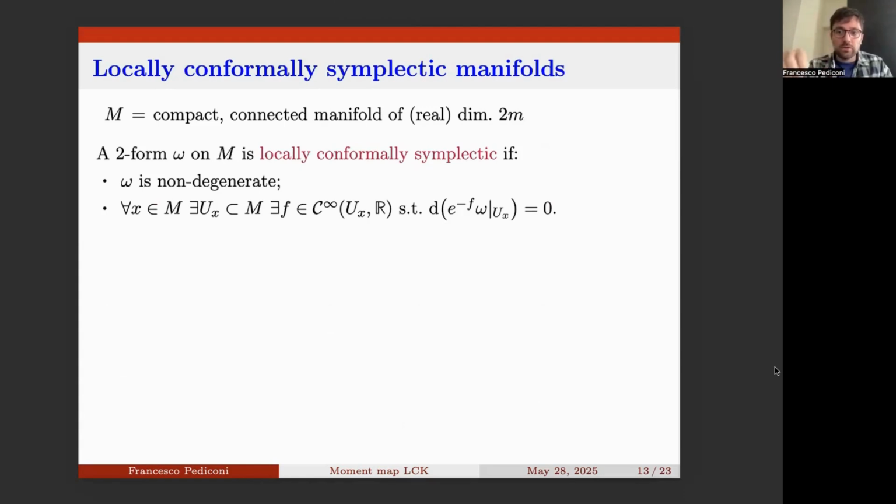Since we don't want our space of metrics to be Kähler, this form is not going to be symplectic, but locally conformally symplectic, which means that ω is non-degenerate, and again around each point of the manifold you can find a local conformal change that turns ω into a closed form locally.